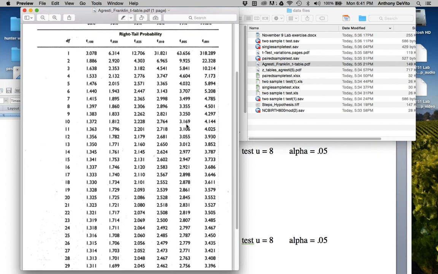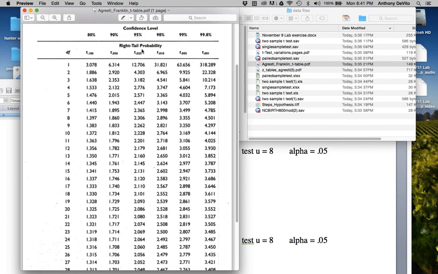You could kind of bracket this a little bit. If we were willing to accept a 5% chance of being wrong for a sample size of 9, we would have degrees of freedom 8. We would have to exceed 2.3. If we wanted to be 99% certain, have an alpha error of 1%, then we would go over to this column, right? 99%, less than 0.5% in each tail.